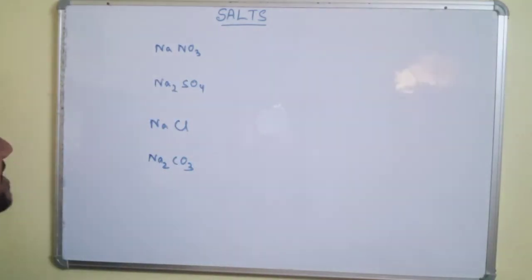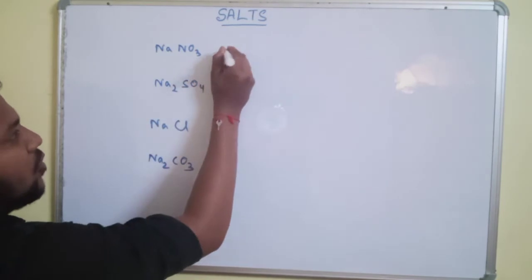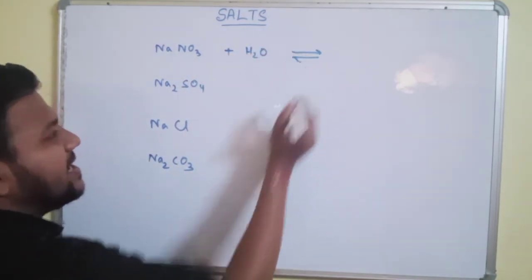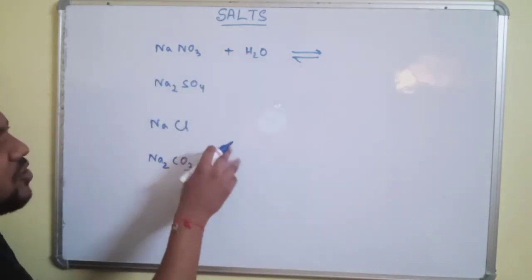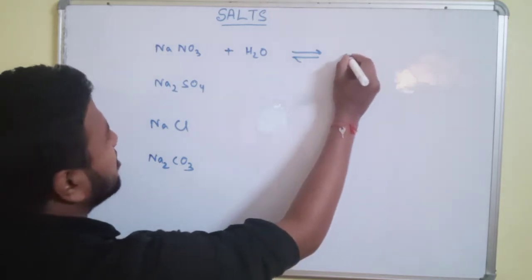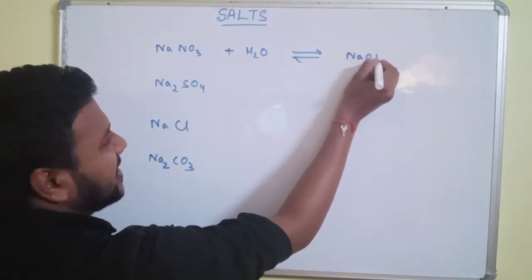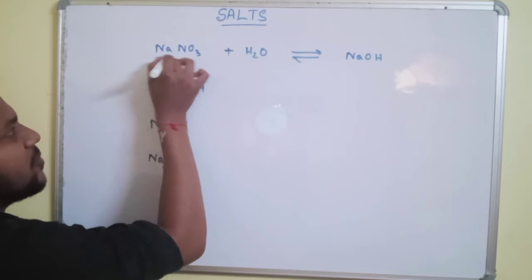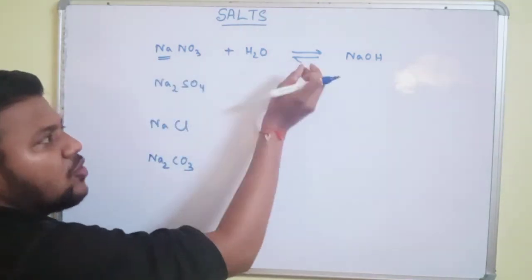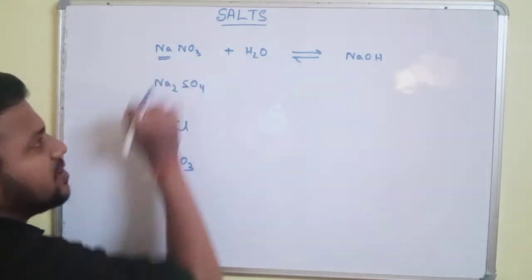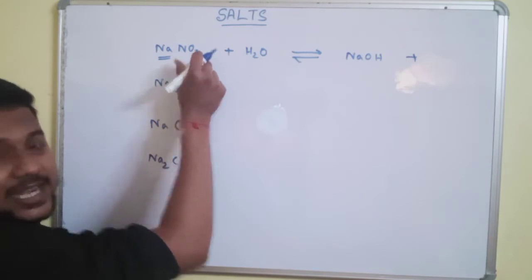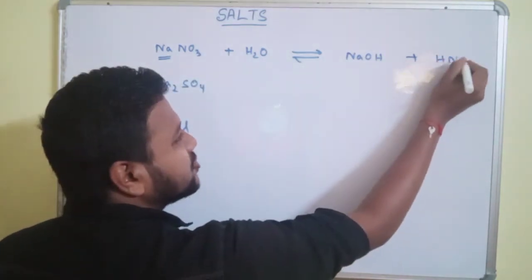Now when this salt dissociates in water, what do we obtain? We will observe the formation of NaOH. The electropositive part of this salt forms the base. So we are reacting the OH part of water with the Na+, and we obtain H+ with the acidic radical, and we get HNO3.